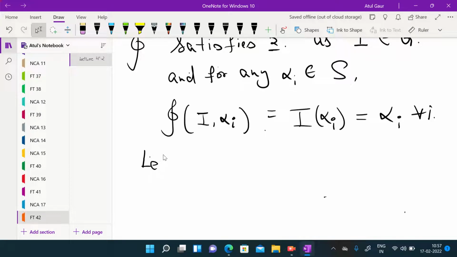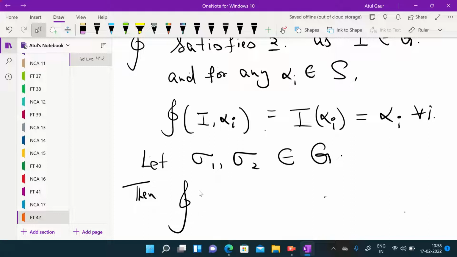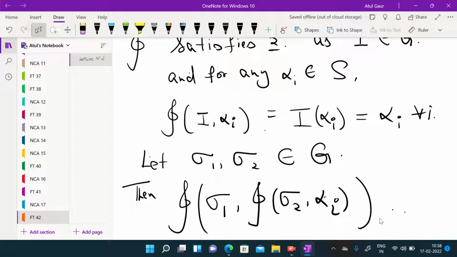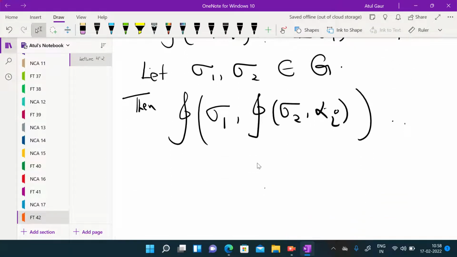So let's say sigma 1, sigma 2 belong to G. Then phi of (sigma 1, phi of (sigma 2, alpha_i)). Now this is the same as phi of (sigma 1, sigma 2 alpha_i), since phi of (sigma 2, alpha_i) is sigma 2 alpha_i.